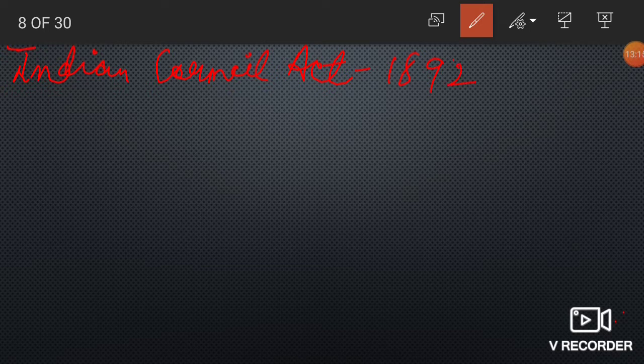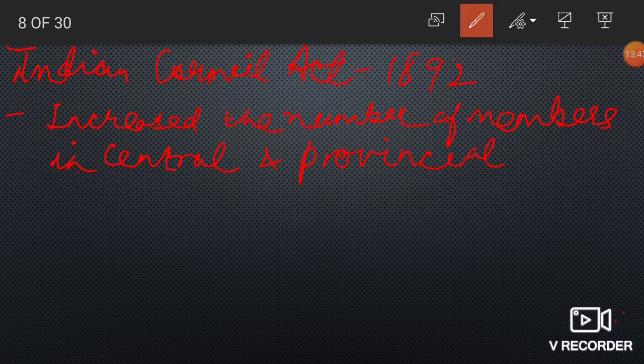What were the features of this act? It increased the number of members in the central and provincial legislature. See, at that time states were not there, so there were provinces and there was the central government. So provincial legislature.